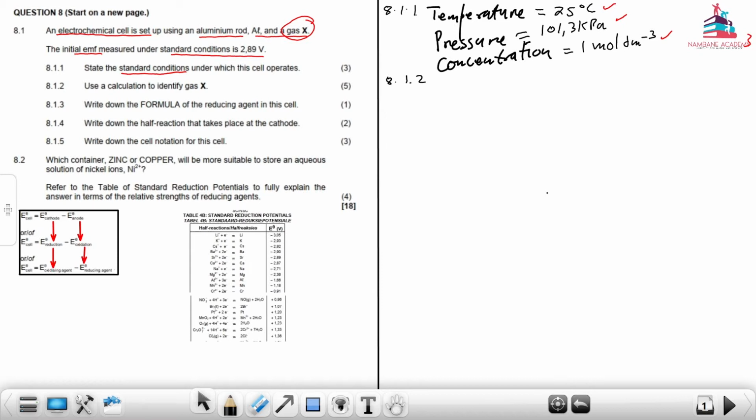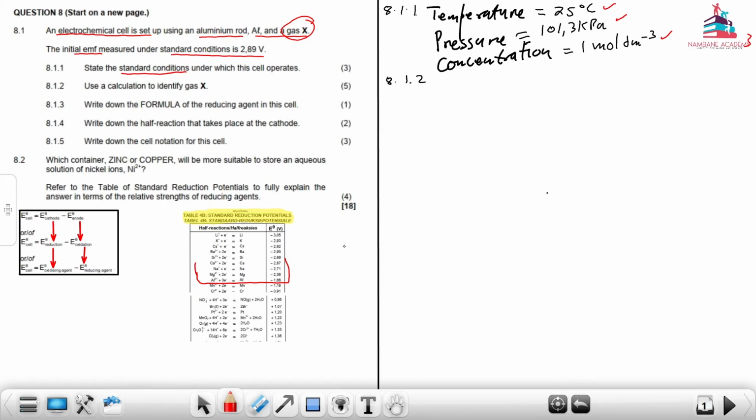It says when I go to my table 4B, which is a table of standard reductions, and I look above aluminium, here is my aluminium, I don't see any gas above it. So what does this say to me?